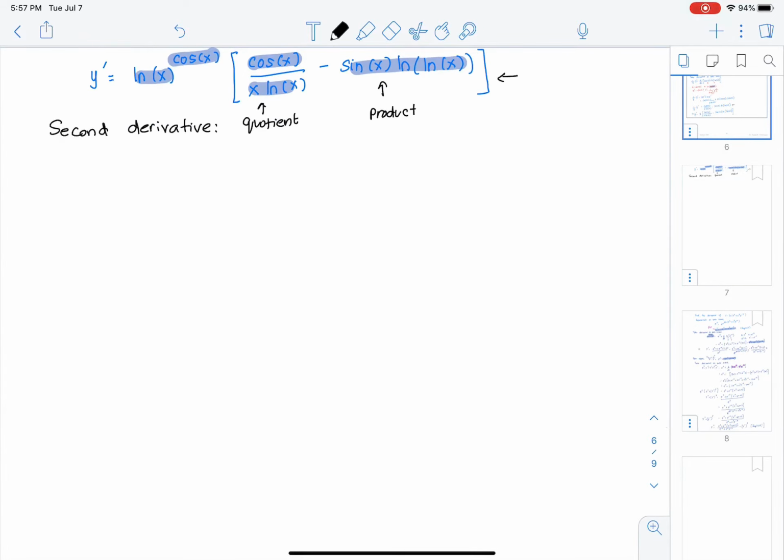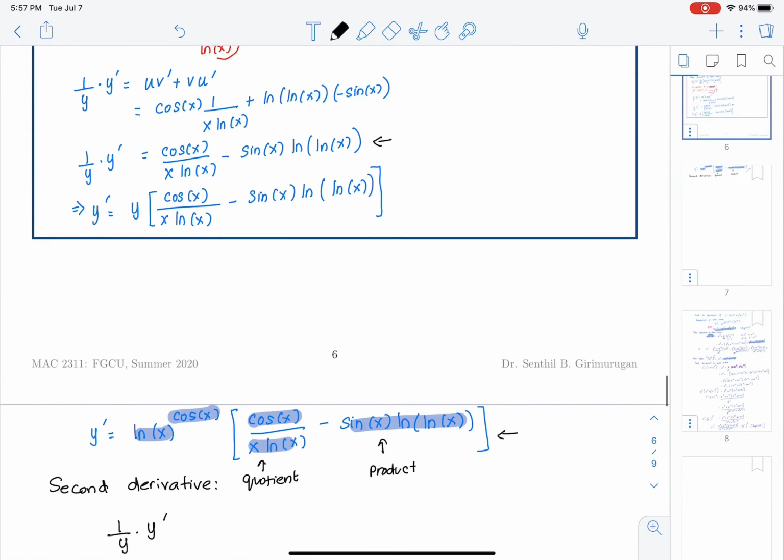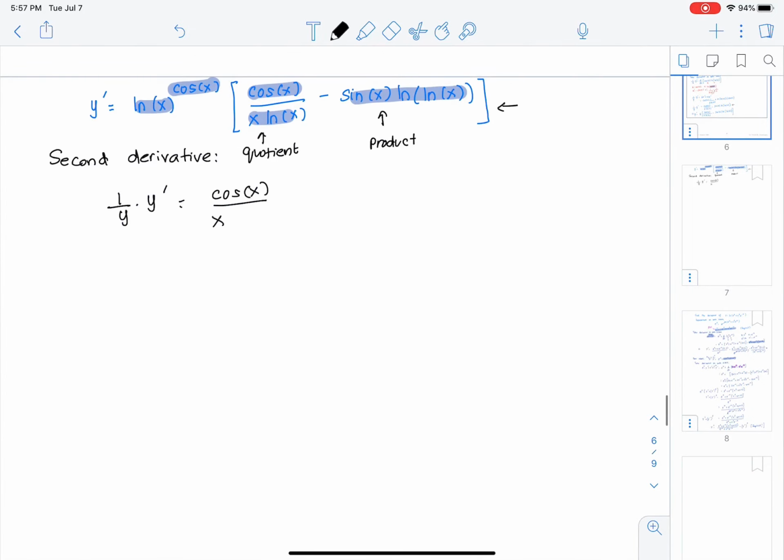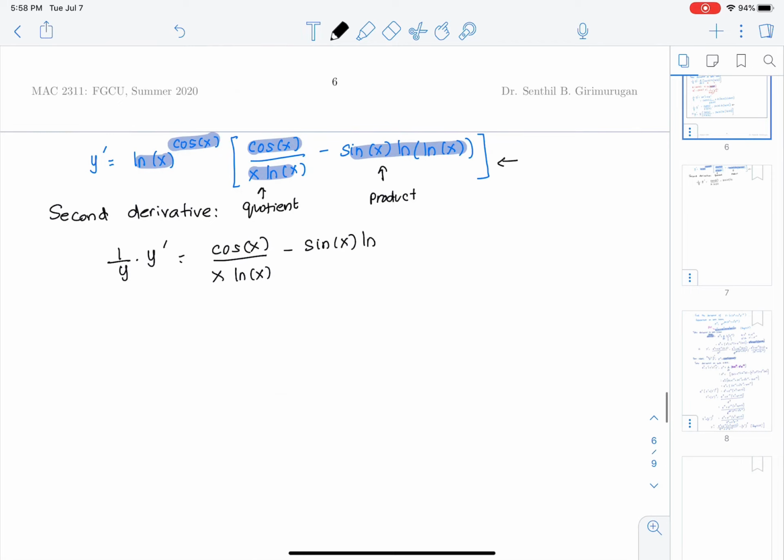So I'm going to start with 1 over y times y prime equals cosine x divided by x ln of x minus sine x ln of x.